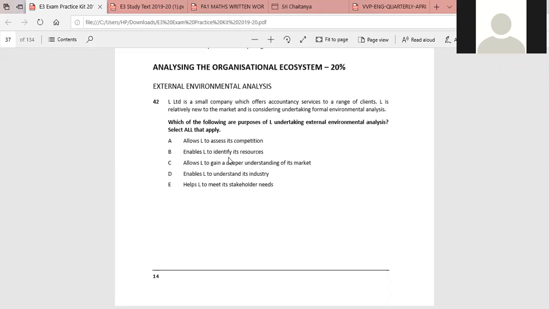L is relatively new to the market and is considering undertaking formal environmental analysis. Which of the following are purposes of L undertaking external environment analysis?